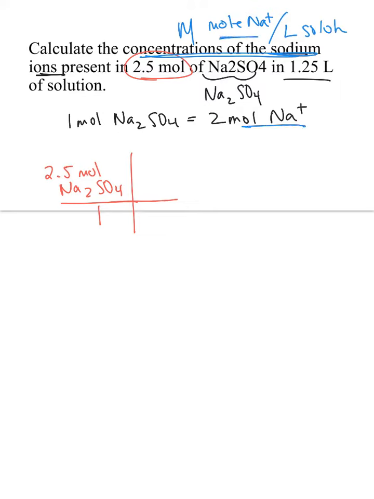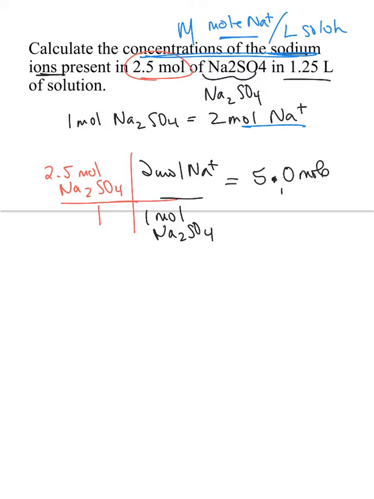So we have moles of sodium sulfate, and then for 1 mole of sodium sulfate, we have 2 moles of sodium ion. And this works out to be 5.0 mole of sodium ion. We have 2 significant figures there, so we keep 2 significant figures.